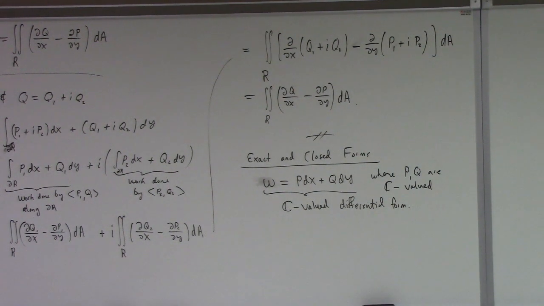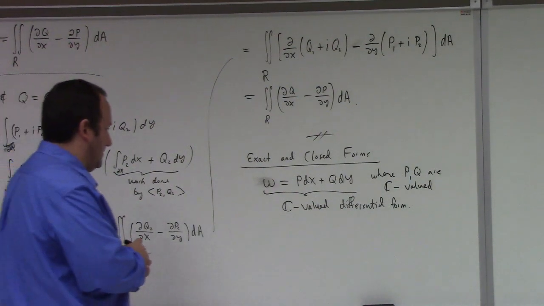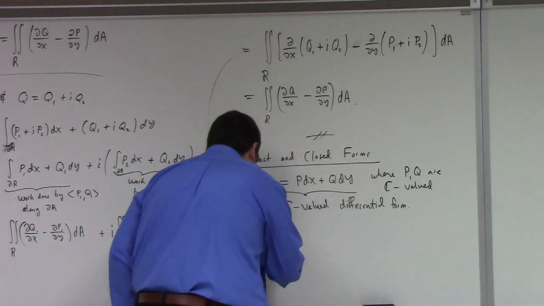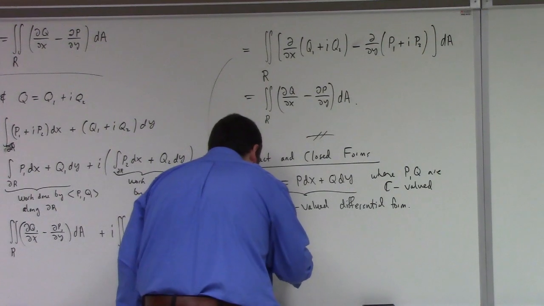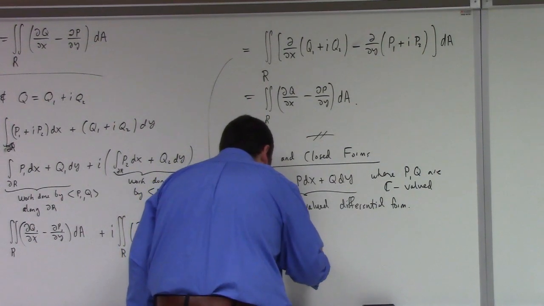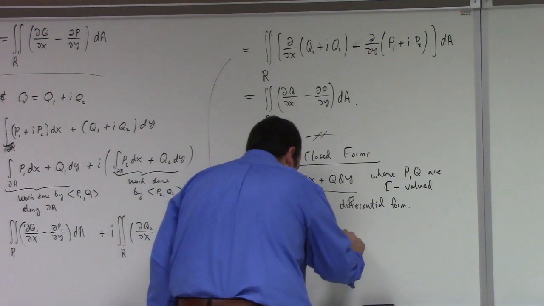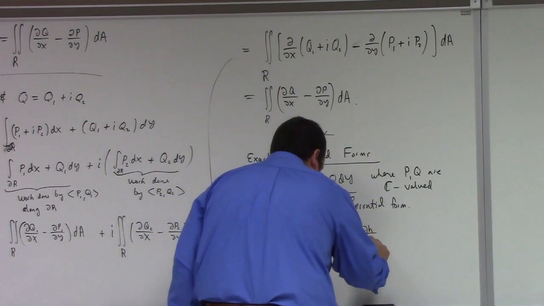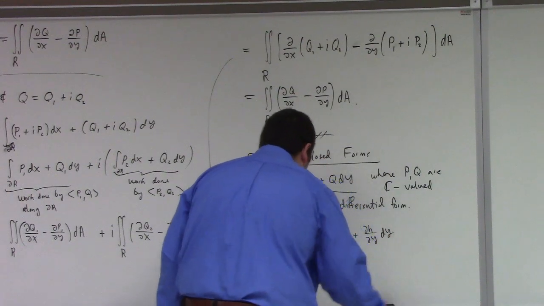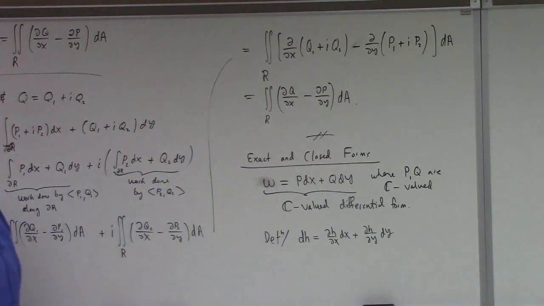What does it mean for it to be exact? I guess I should mention a definition. dh, all right, is partial h partial x dx plus partial h partial y dy. You're like, well, that's not new. I knew that from Calculus 3. That's just the total differential, right? So here I'm thinking of h as being a function. But here's the rub.